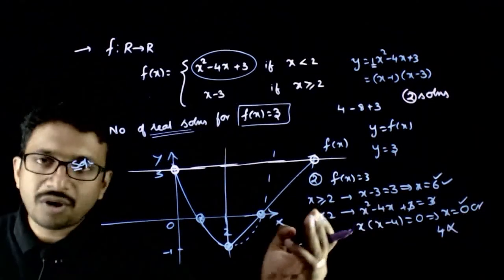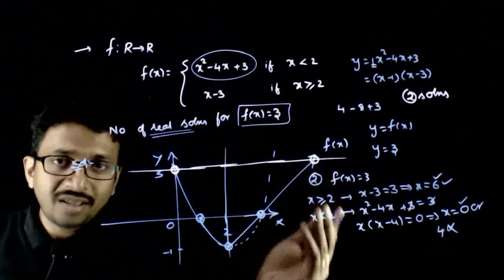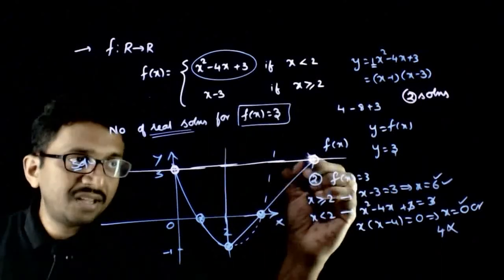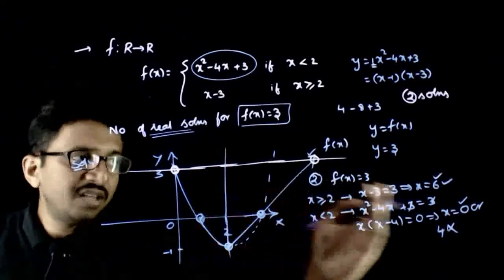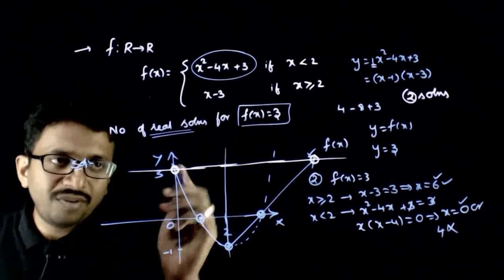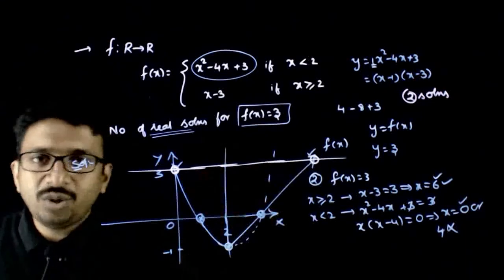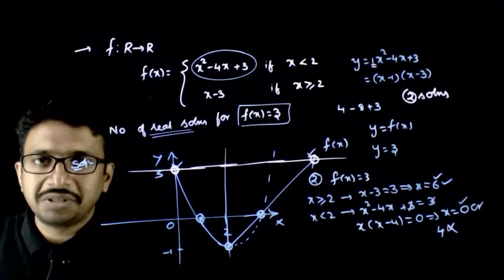So effectively, when x is greater than 2, you have one solution, x is equal to 6, which on the graph is this. When x is less than 2, you have the solution x is equal to 0, which on the graph is represented by this. Hence these are the two real solutions to this equation. Thank you.